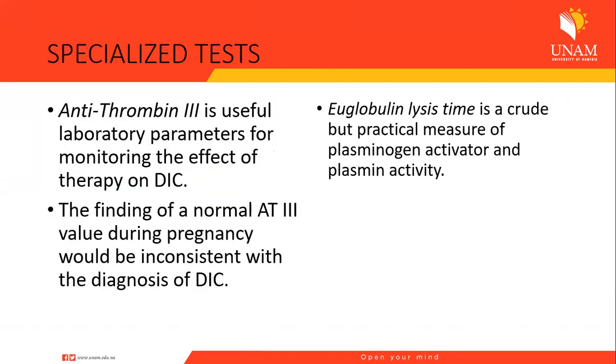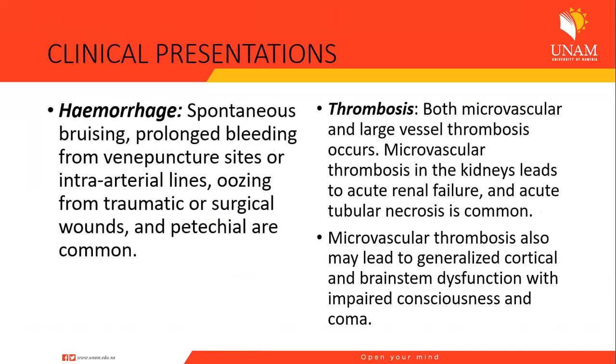I think I've mentioned this before. So clinical presentations, like I mentioned, will either be profuse bleeding, hemorrhage, or thrombosis. Either of them can lead to catastrophic consequences. Hemorrhage, bleeding, spontaneous bruising, prolonged bleeding from venipuncture sites or intraarterial lines, oozing from traumatic or surgical wounds, and petechial hemorrhages can occur and may actually be the first sign of DIC setting in.